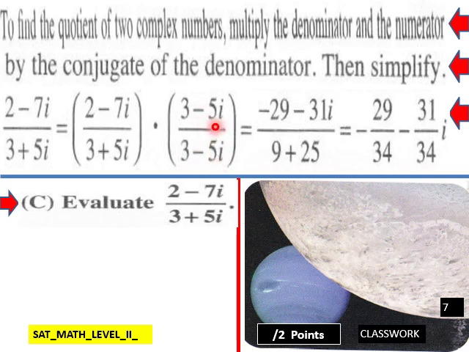When we multiply these together, we get negative 29 minus 31i in the numerator, and the denominator becomes 9 plus 25, which is 34. So we get negative 29 over 34, minus 31i over 34. That is how it would be multiplied across.